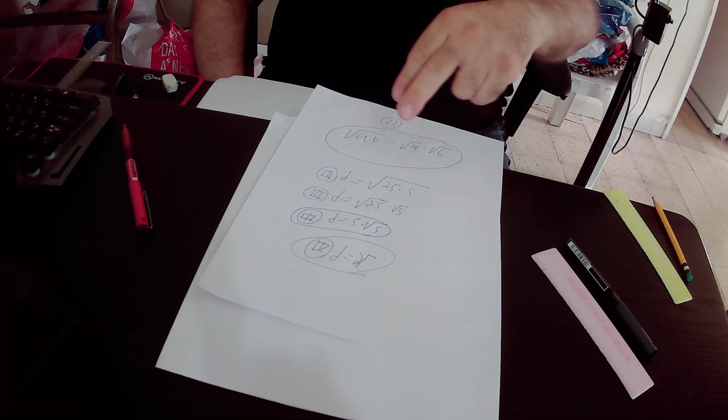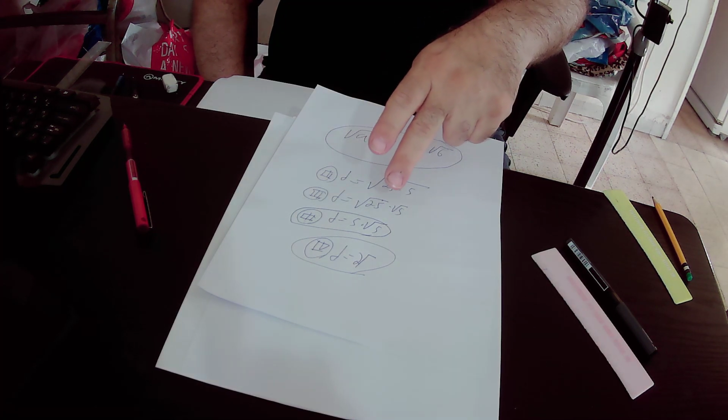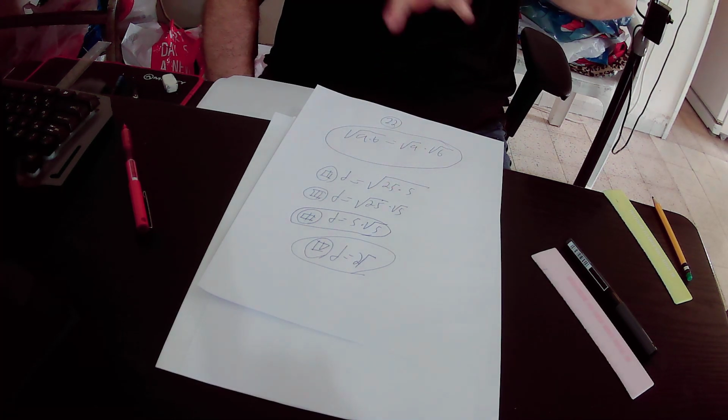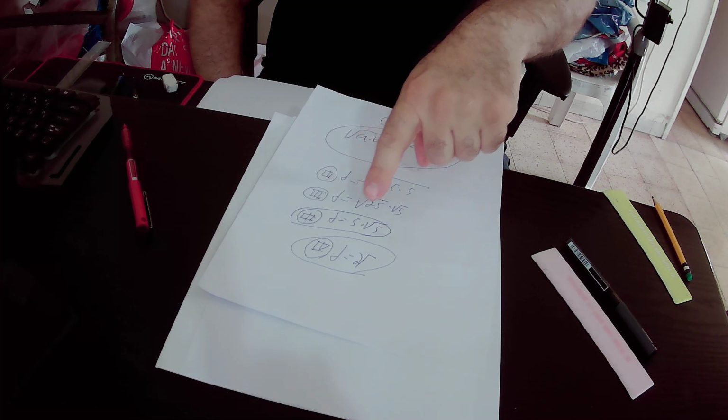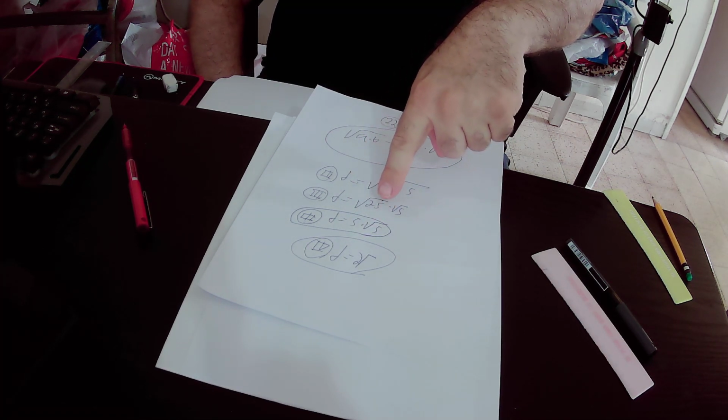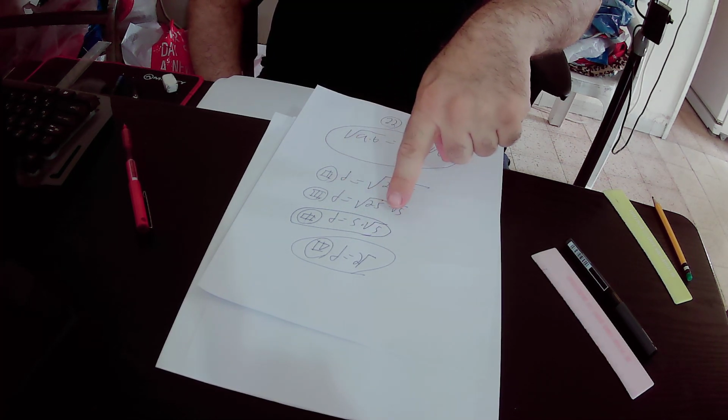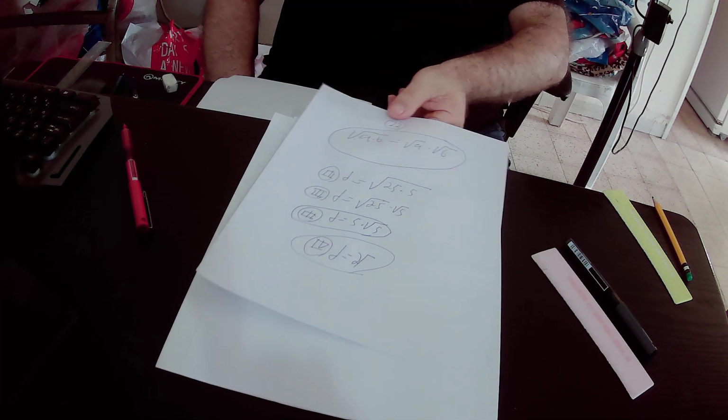But in the third equation, we know that d equals 5 times root 5, so we can substitute d in the fourth equation by 5 times root 5.